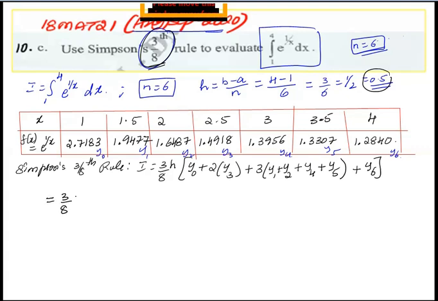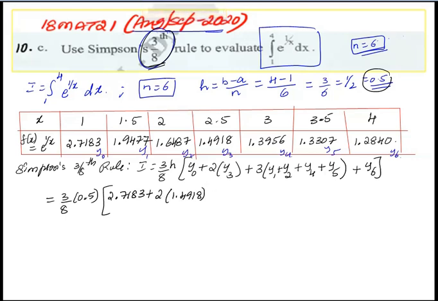3 by 8, h is equal to 0.5, or you can write 1 by 2 here, into y0, that is 2.7183, plus 2 times y3, 1.4918, plus 3 times y1 plus y2 plus y4 and y5.